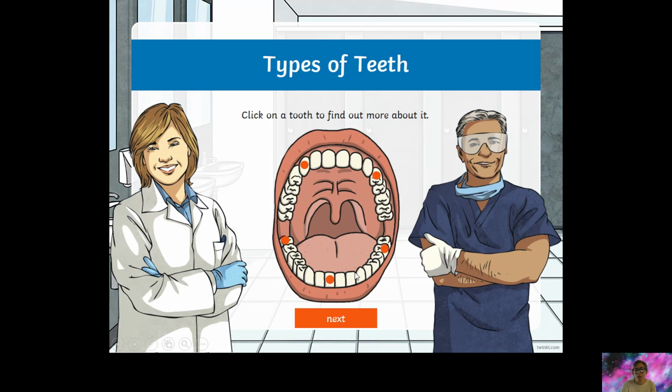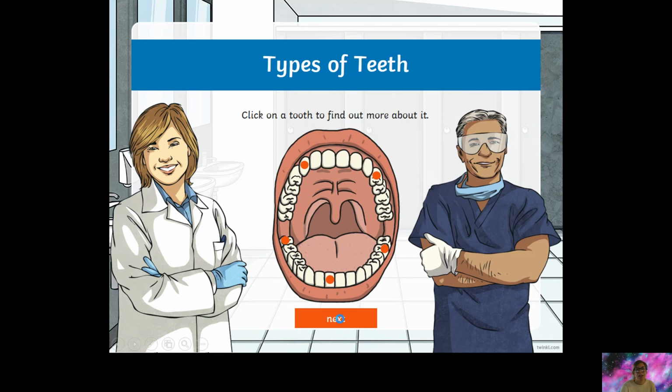Then we had these 4 at the bottom and 4 at the top that are really good for cutting. They're called incisors. I remember that because incisors sounds a bit like it's got scissors in it, and they're really sharp teeth. So that helps me remember that. And then the ones that are in between are our canines, and the ones at the back are our molars and premolars.